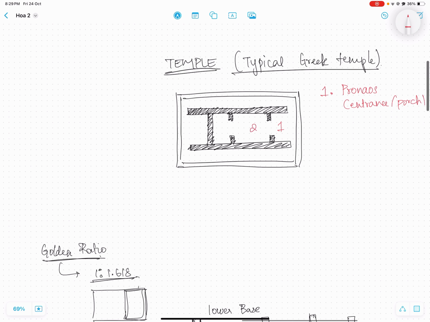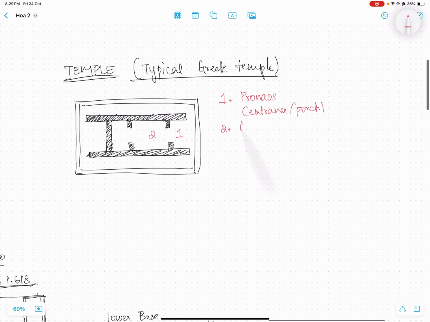The second portion of it is called cella or naos, which had the god statue and stuff. The third one is called adyton, where rituals and others took place.